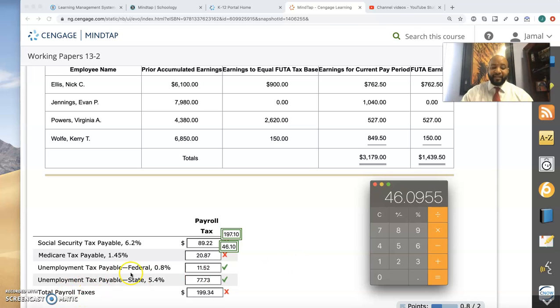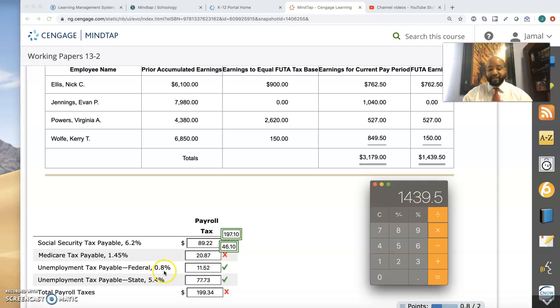So the hard part was the unemployment tax payable federal. That's FUTA, the Federal Unemployment Tax Act. Now we have to go to our FUTA earnings. This is the tax base for FUTA. So we total that up, it becomes 1439.5, and we have to multiply that by 0.8%.